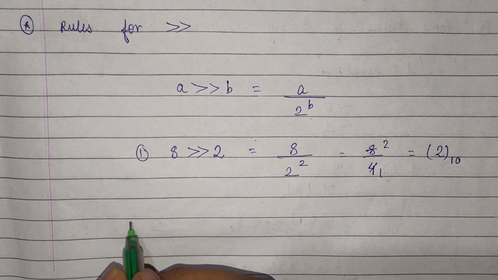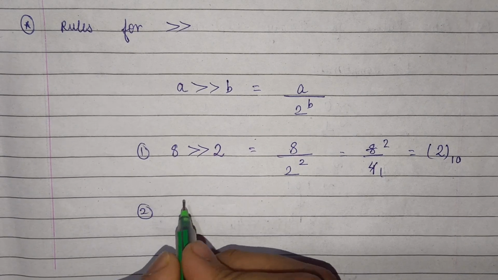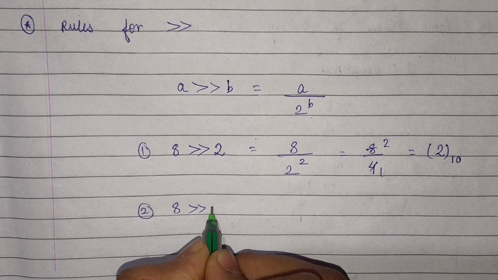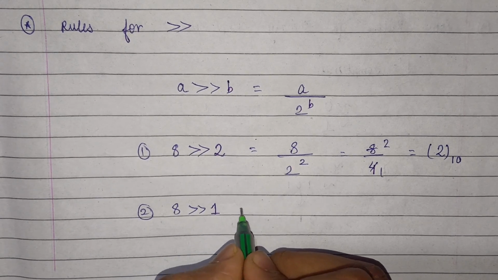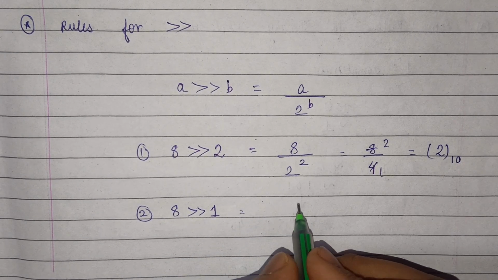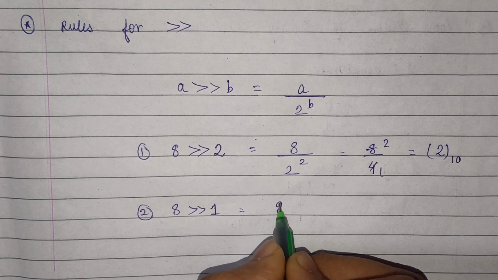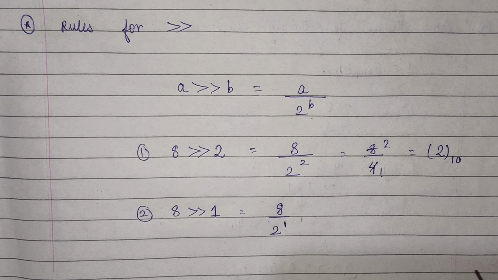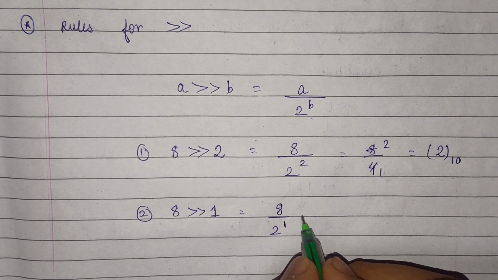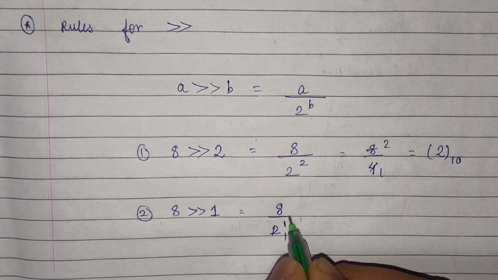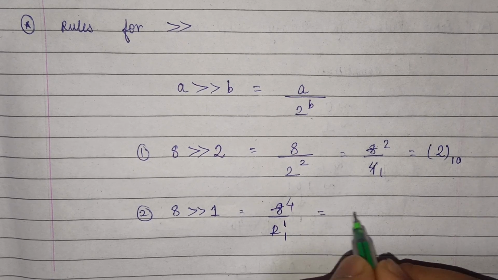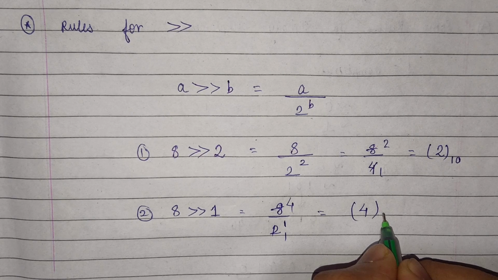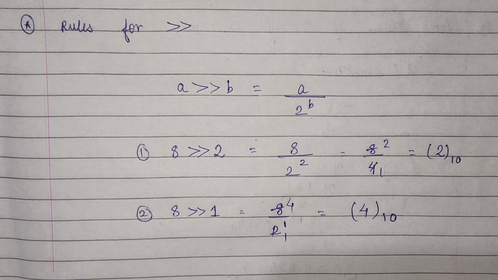Now let's take another example, 8 right shift 1. The answer will be 8 divided by 2 raised to 1, so dividing by 2, the answer that we get is 4 in decimal.